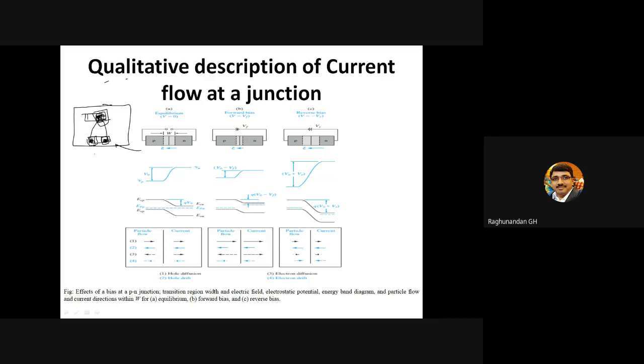So coming to our first case, that is equilibrium. In the equilibrium, what happens is, initially the width of the depletion layer will be W. That much width will be there.